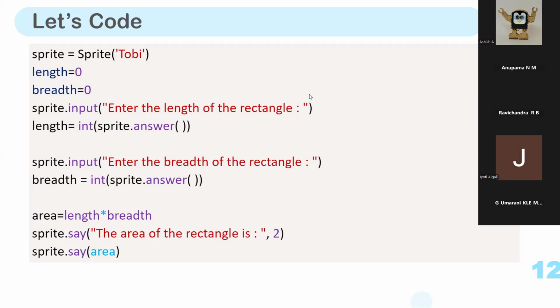So here we are using the sensing options like the answer part. So sprite dot input, enter the length of the rectangle. So this length is equal to int sprite dot answer. In a similar way for the breadth as well.